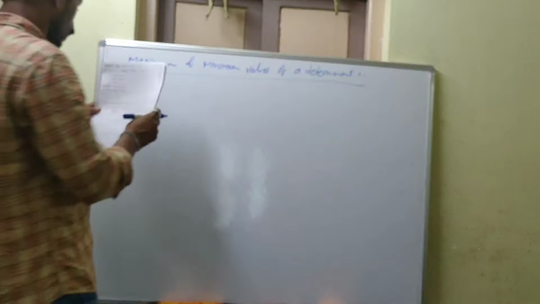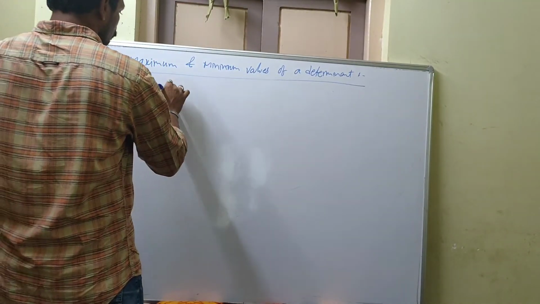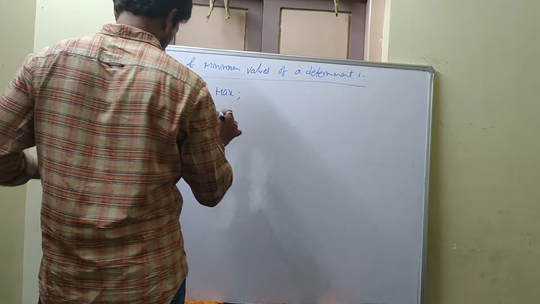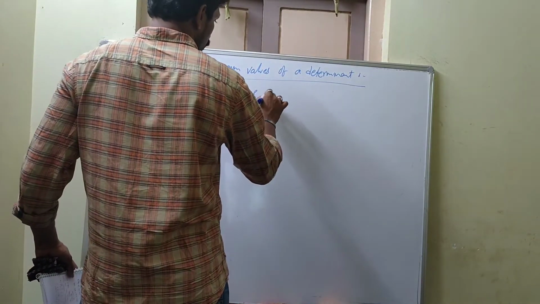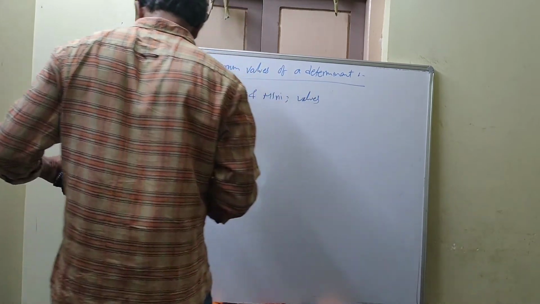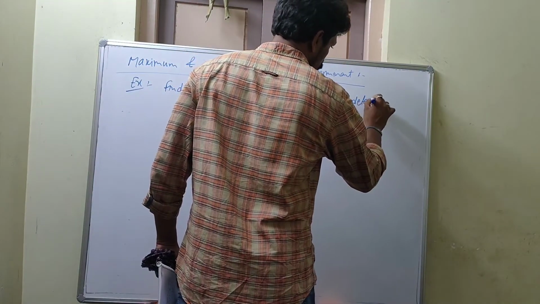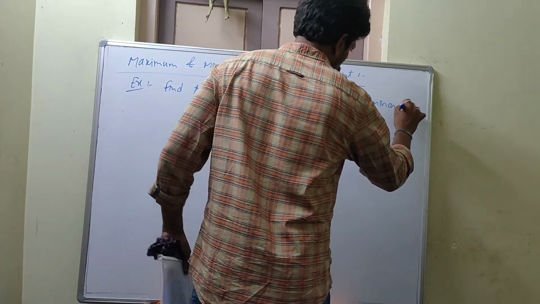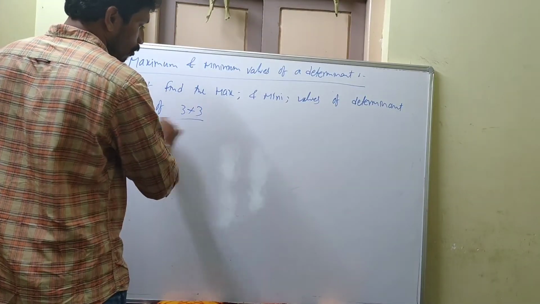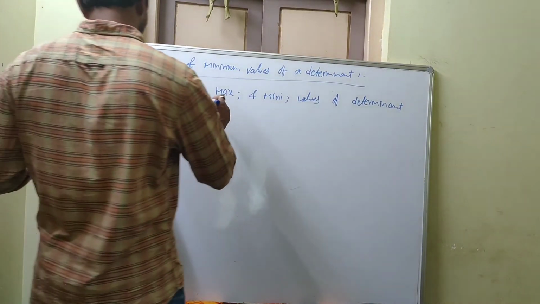So how to do this one? Also see one example. Find the maximum and minimum values of determinant of a 3 by 3 matrix. Whatever may they ask you, any order of the matrix, 3 by 3 matrix.